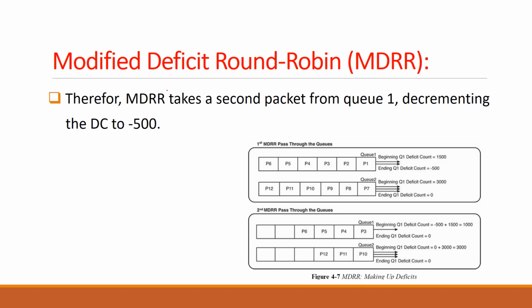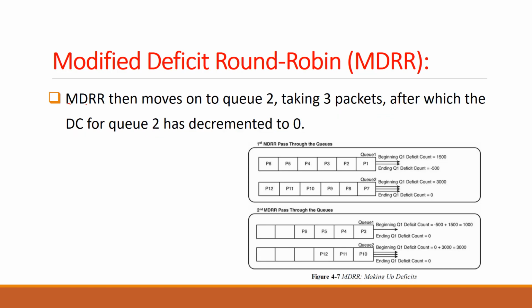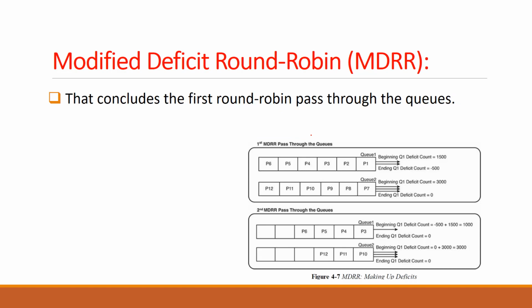Therefore, MDRR takes a second packet from Q1, decrementing the deficit counter to minus 500. MDRR then moves to Q2 because the value became minus 500, taking 3 packets, after which the deficit counter for Q2 has decremented to 0. That concludes the first round robin pass through the queues.